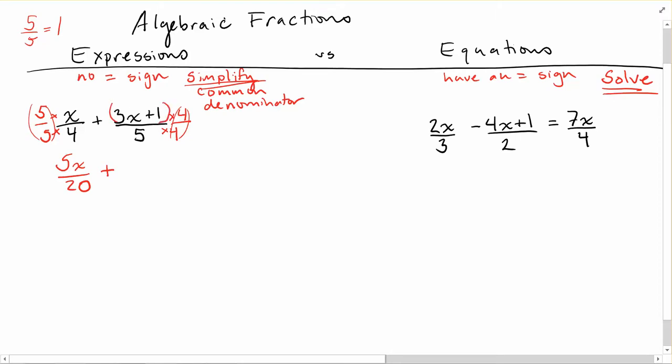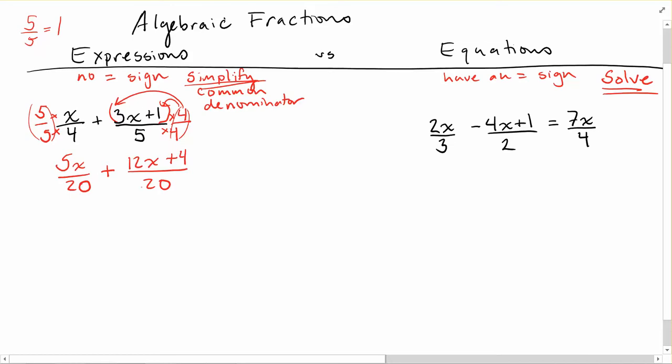Put brackets around that big fraction bar to make sure that you actually expand it all the way through, because every single thing on top of that fraction needs to be times by 4. If we forget the brackets, we might forget to times everything. So this means I'm going to get 4 times 3x gives me 12x, and 4 times 1 gives me 4, so plus 4, over 20. And I see there's a plus sign there, so I don't need to worry about expanding that through. I can drop off the bracket.